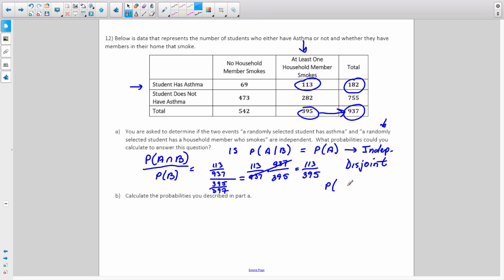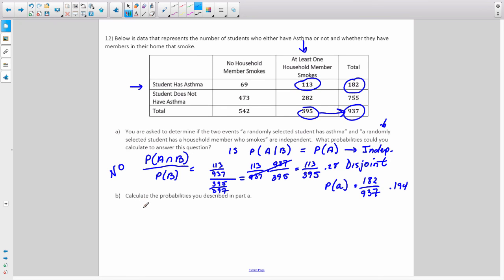So the probability of A, let's see if that simplifies to the same fraction. I'm just going in my calculator right now and I'm typing 182 divided by 937 and I get 0.194. And when I look at 113 and I divide that by 395, I get 0.28. No, they're not independent, which is scary if you think about what that means.